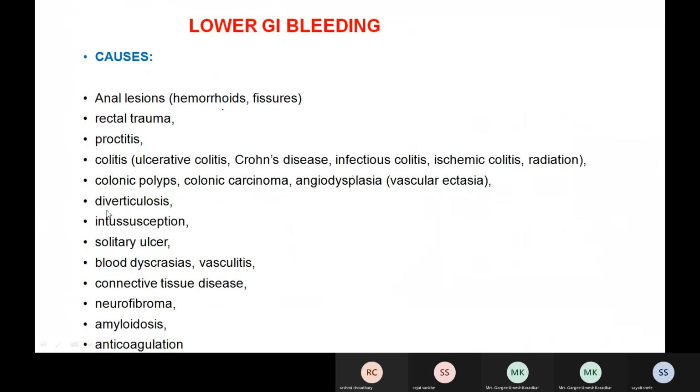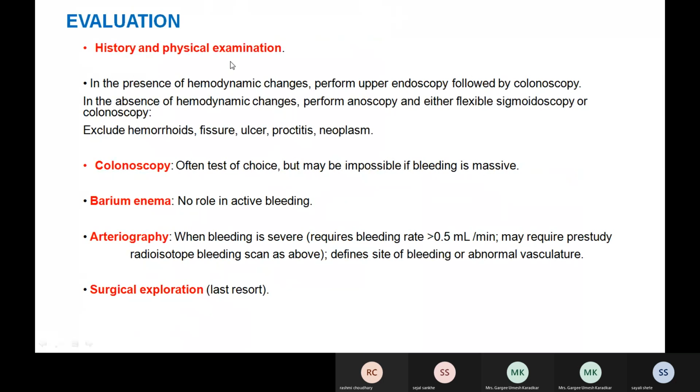Then diverticulosis, intussusception, solitary ulcers, blood dyscrasias, vasculitis, connective tissue disease, neurofibroma, amyloidosis, and anticoagulation therapy. Any of these can be causes of lower GI bleeding.